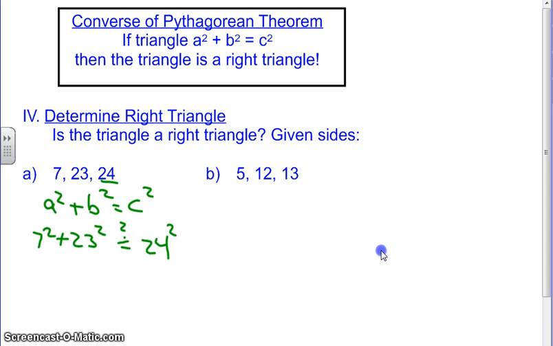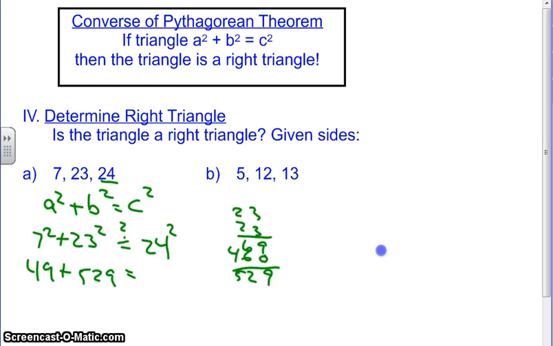So 7 squared is? And what is 23 squared? Anybody have it? Did anybody get 529? Okay. And have you tried 24 squared?